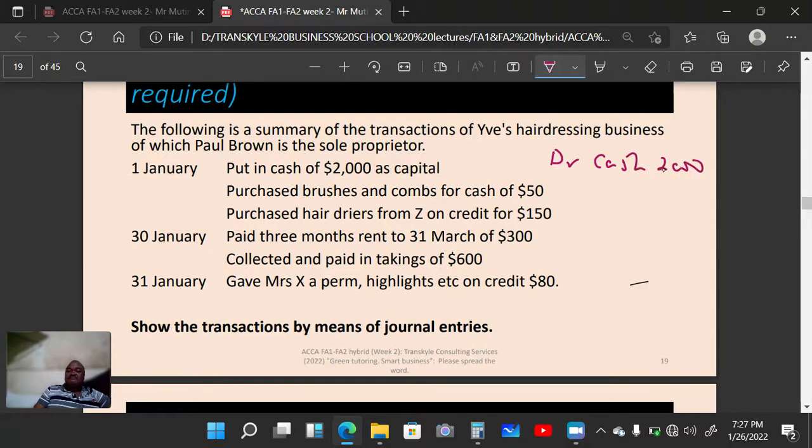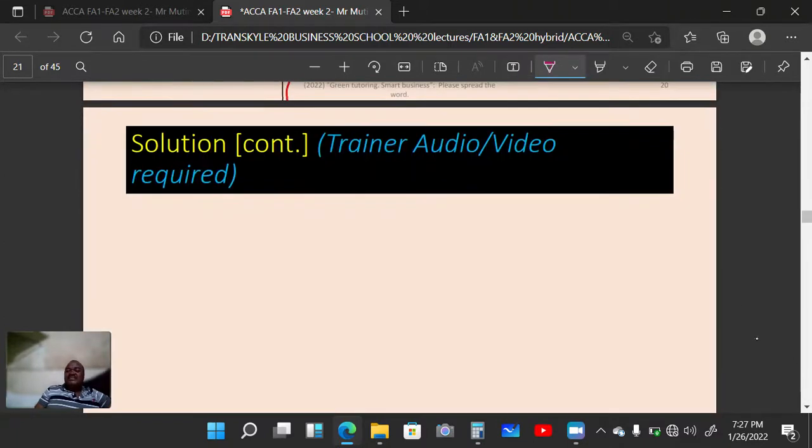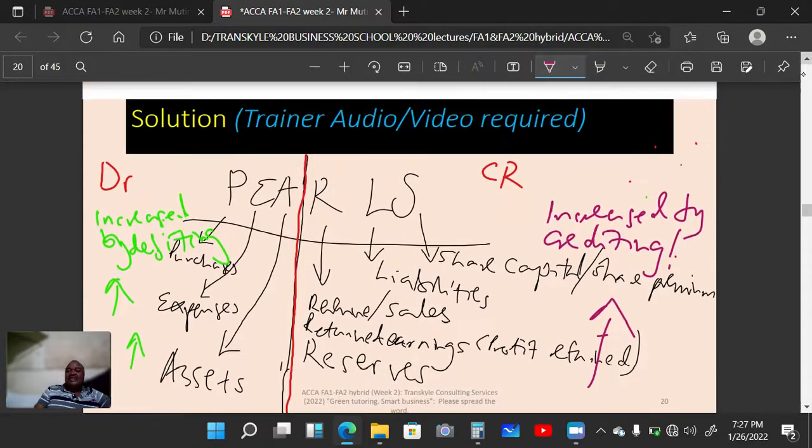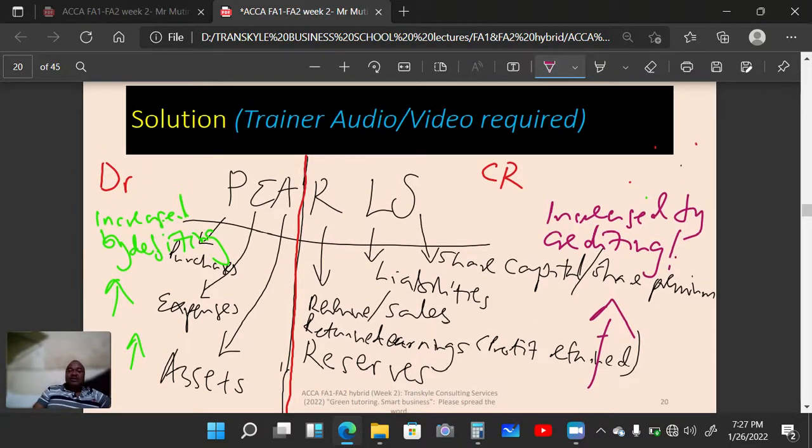2,000 and credit what? What are we going to credit here? We are going to credit something, because by the end of the day, the left and the right side should balance. The debit and the credit should balance. So if something happens on this side, something has to happen also on this side.